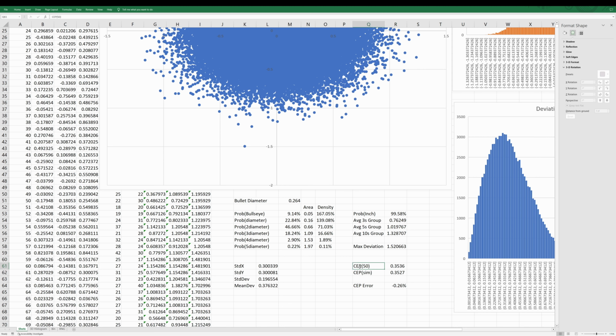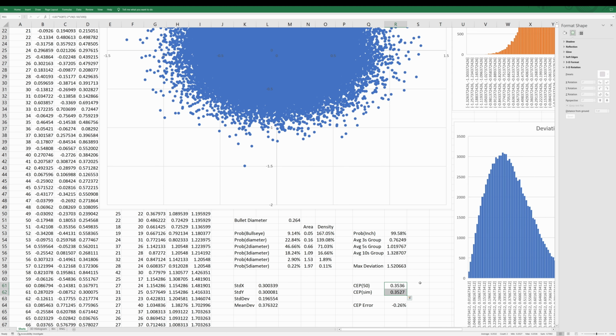And so the CEP calculation says that 0.354 inches, that circle would catch half of the shots. And for my simulation result, I just find the median value, and that would catch 50% of the shots, which is pretty much bang on. So my simulation matches ballistic calculations pretty well.